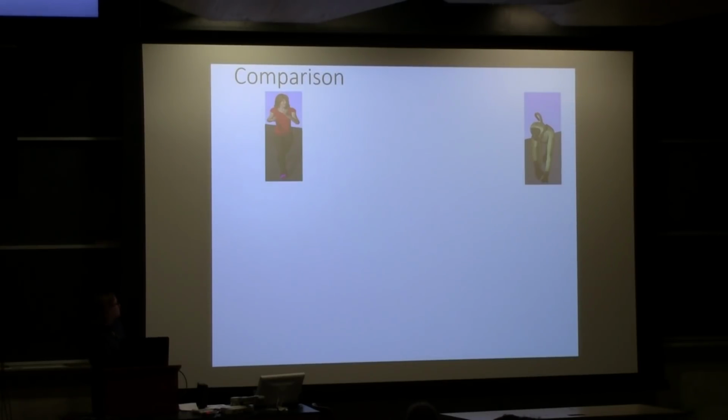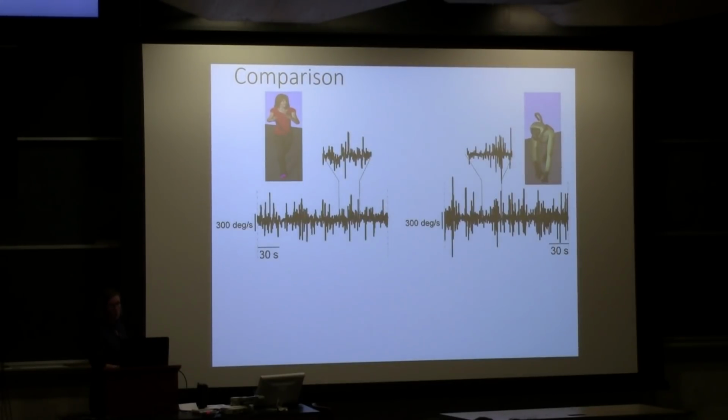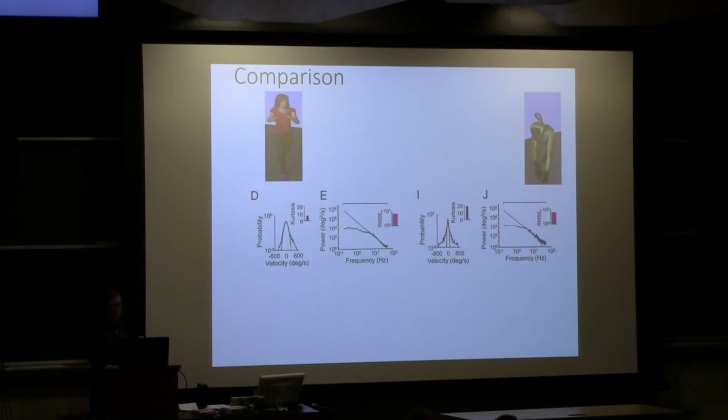So you can compare, say, people versus monkeys during natural behaviors. You can record during different sort of normal, everyday monkey and people activities. You can go through the same sort of logic and see whether things are normal, how far are the tails, how big are the velocities we're generating and the accelerations.